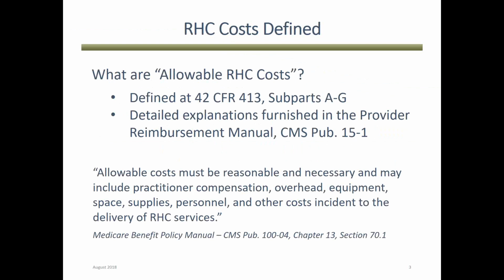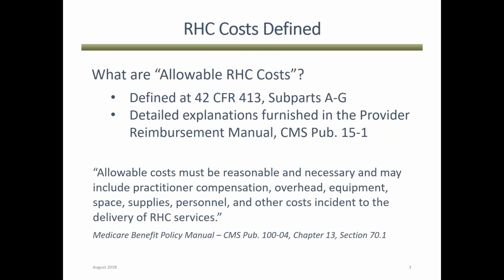What are allowable RHC costs? Well, those are defined at 42 CFR 413 subparts A and G through G. These are downloadable through the internet, and you would just search the 42 CFR 413, and you can access any part of these regulations.